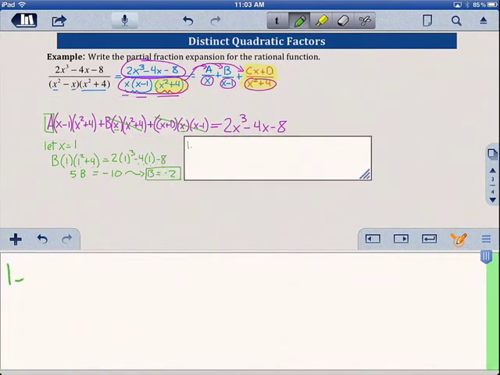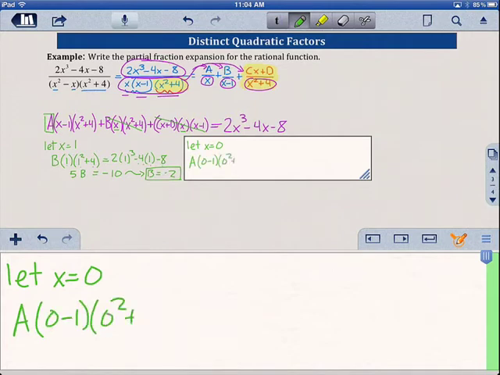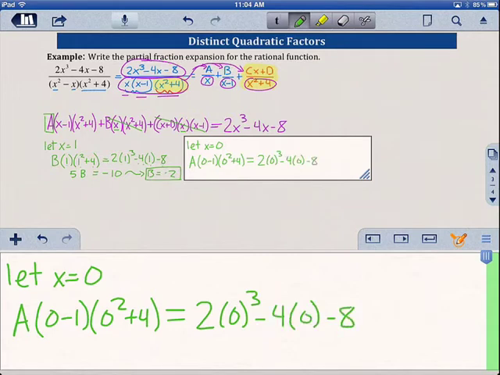Let's go ahead and let x equal 0. And so we're going to have a times 0 minus 1 times 0 squared plus 4 plus, let's see, the b coefficient's gone, cx plus d is gone. So actually we just have equals 2 times 0 cubed minus 4 times 0 minus 8.